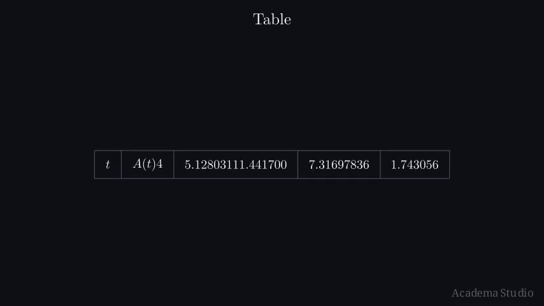To prove an absolute maximum, we compare A(t) at all candidates. We evaluate A(t) at t equals 4, t equals 11.441700, and t equals 36. The largest value is 7.316978, which occurs at t equals 11.441700.